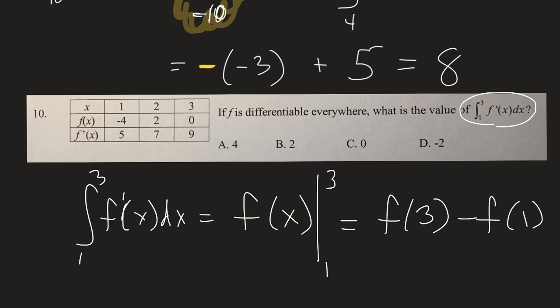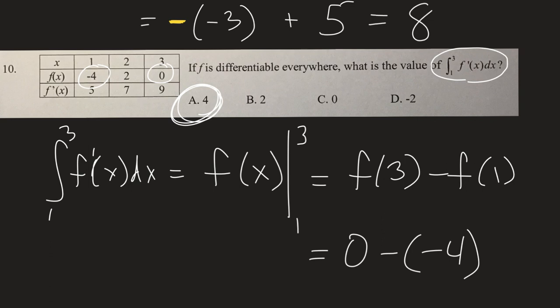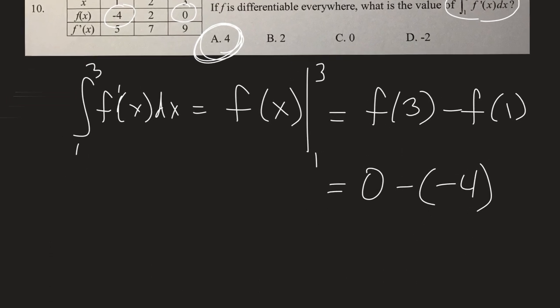This is the fundamental theorem part 1, is how we would write this. So that means you take f of 3, which is 0, minus f of 1, which is negative 4, and 0 minus negative 4 is positive 4. Okay, not too bad taking antiderivatives.